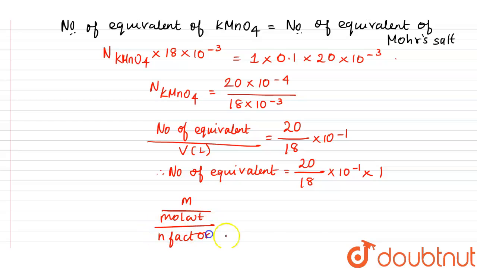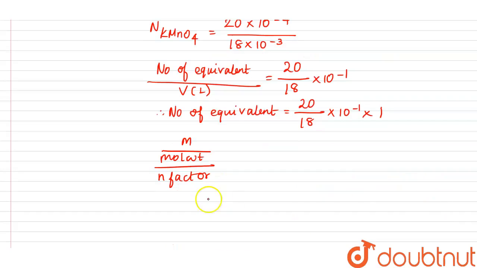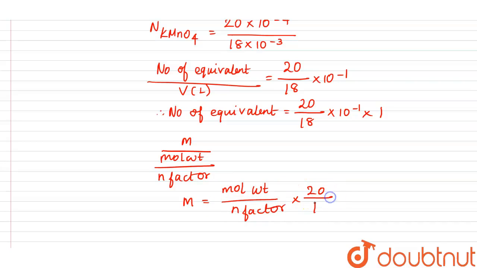So the mass M will be equal to molecular weight divided by N factor, into 20 divided by 18 into 10 power minus 1.